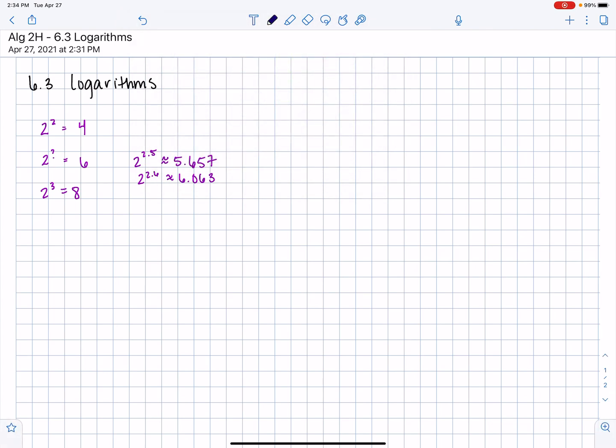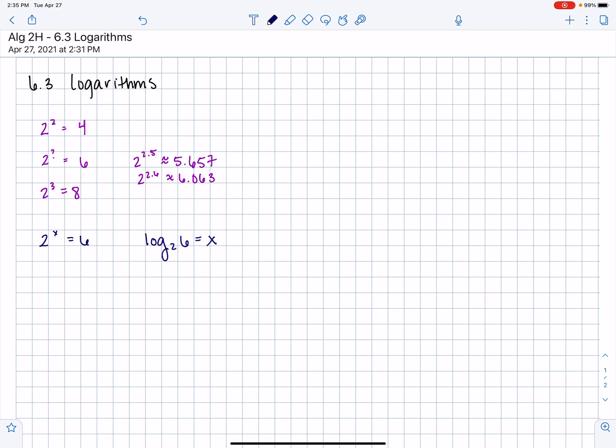So here's the whole deal: if you actually need to go ahead and find this number, we in math phrase it as this: 2 to the power of x is equal to 6. Or we're going to now have this operation called logarithm, and we would say log base 2 of 6 is equal to this number.